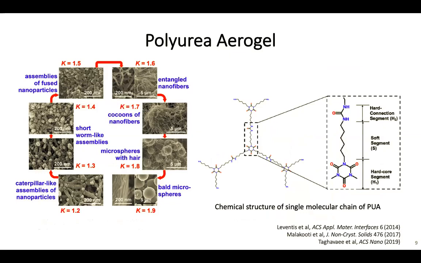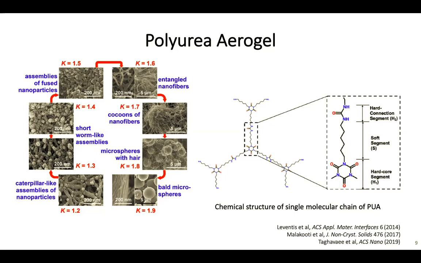Just by controlling the kinetics of the reaction, you can find conditions to get agglomerated fused particles, all the way to fibers, all the way to an interesting structure: microspheres of polyurea embedded in a polyurea web. This type of structure is very interesting for acoustical and dynamic characterization.